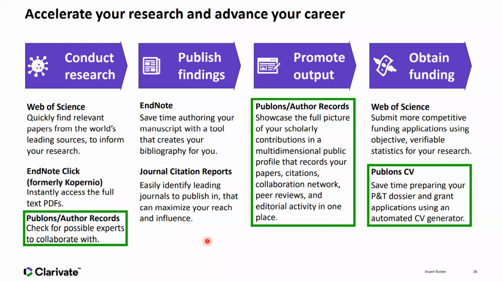And because the statistics are objective, Clarivate don't publish their own content, so they only index content from publishers that have reached a standard outlined by them. We know that the funding organizations regard the information within the Web of Science Core Collection as objective and verifiable, and it presents statistics to support your research.